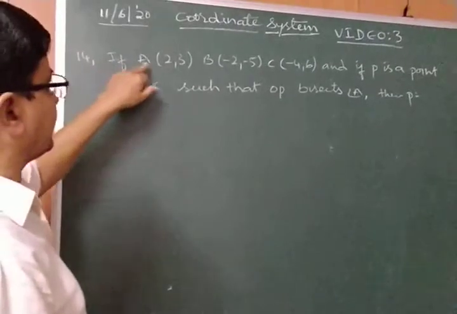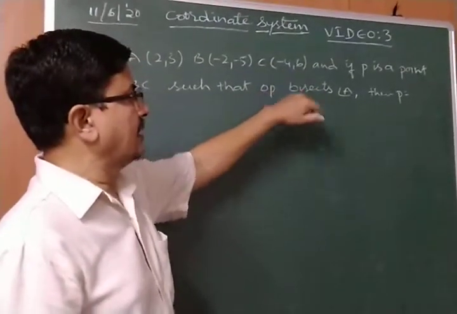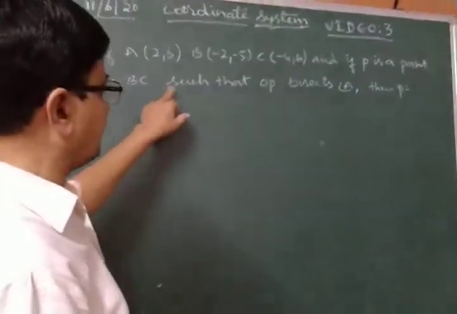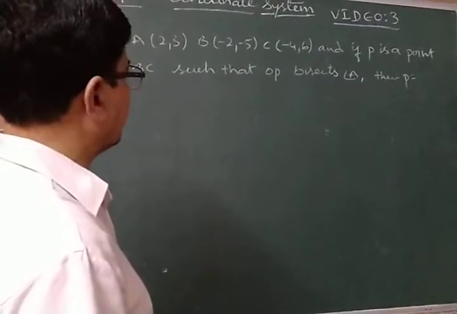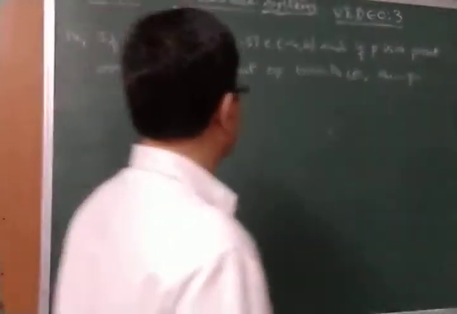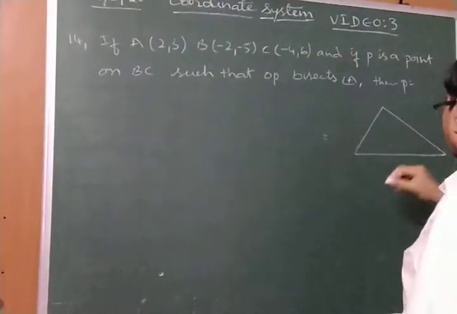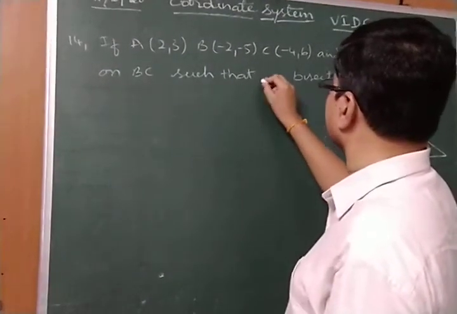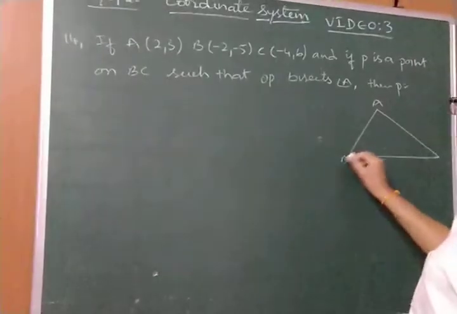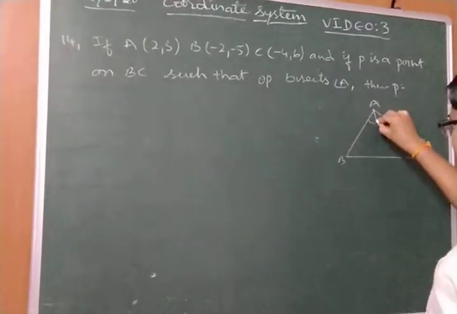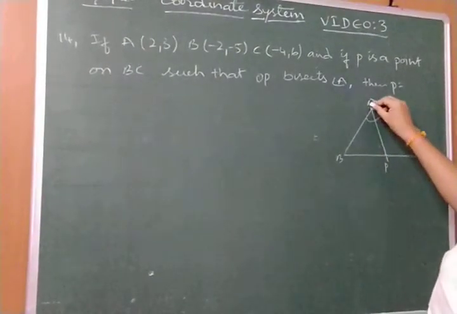14th question. If A (2, 3), B (minus 2, minus 5), C (minus 4, 6), and if P is a point on BC such that AP bisects angle A, then P is equal to... This is a triangle, capital A, capital B, capital C. AP is the angular bisector.